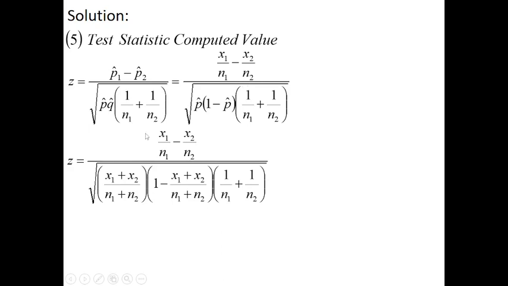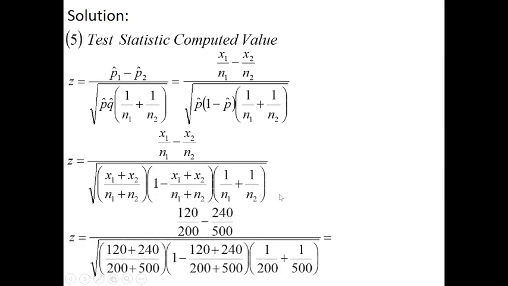This is our p hat in terms of x sub 1, x sub 2, n sub 1, n sub 2. We add, then add also in the denominator, then divide. Then 1 minus p hat, and so forth.